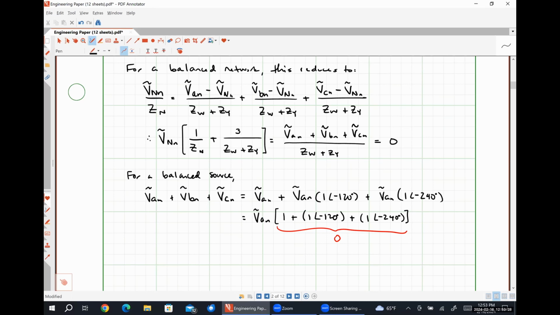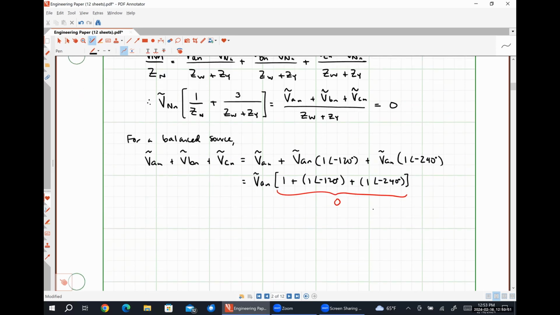So that means that if 1 over ZN plus 3 over ZW plus ZY is non-zero, which it should be if there are any impedances in our system, the only thing that makes this work is if the voltage drop across our neutral conductor is zero. Okay? So from here, we can say that the voltage VNN must be 0 volts.